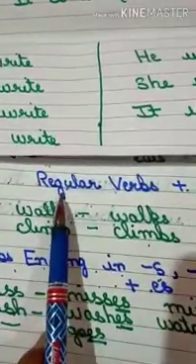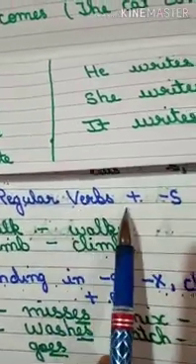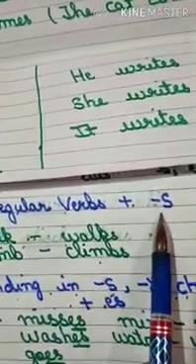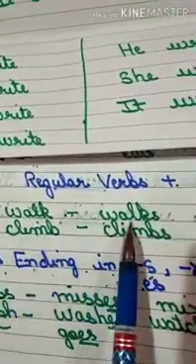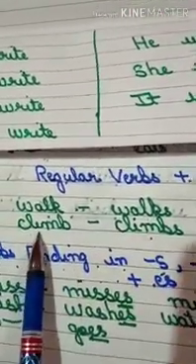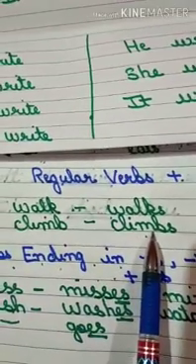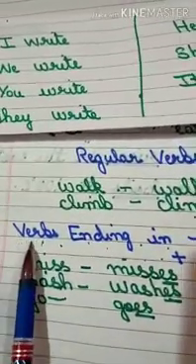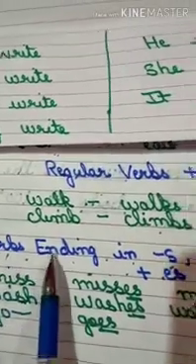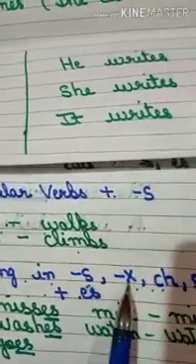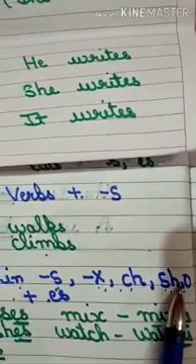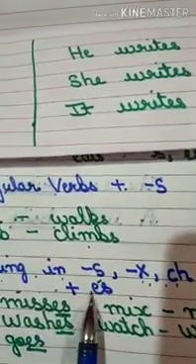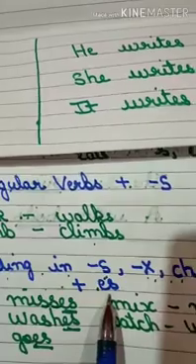Now children, see here, in regular verbs we add s. What are those? Walk, walks. Climb, climbs. Next is verbs ending in s, x, ch, sh, o. In that we will add es.